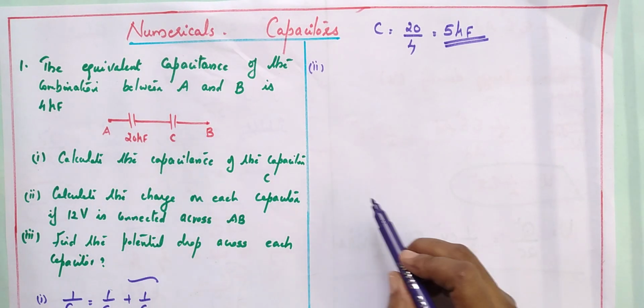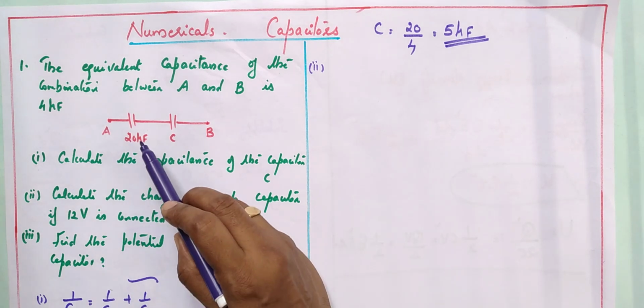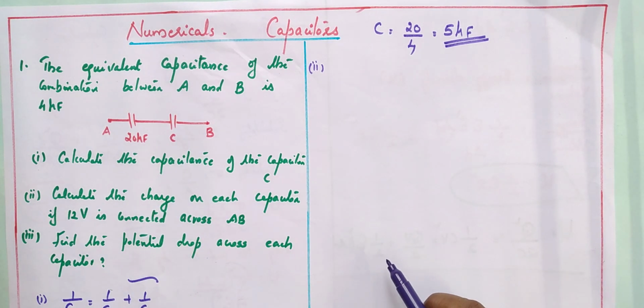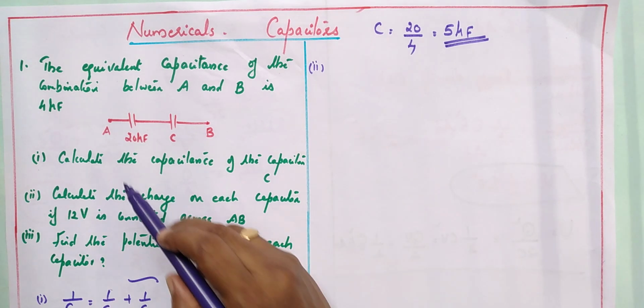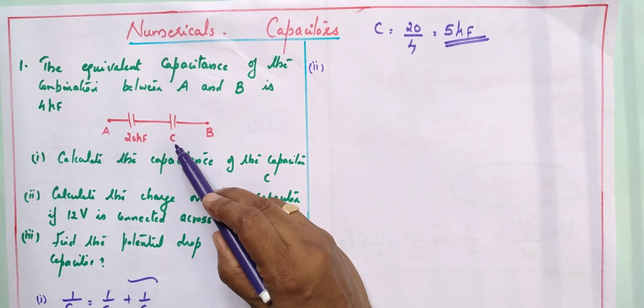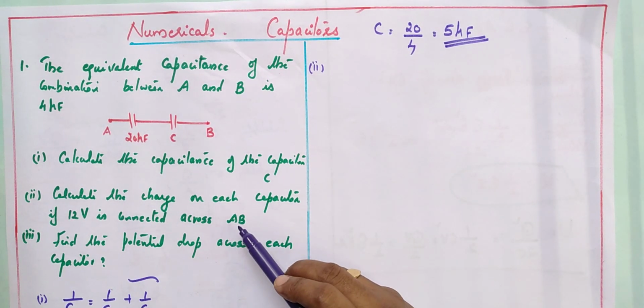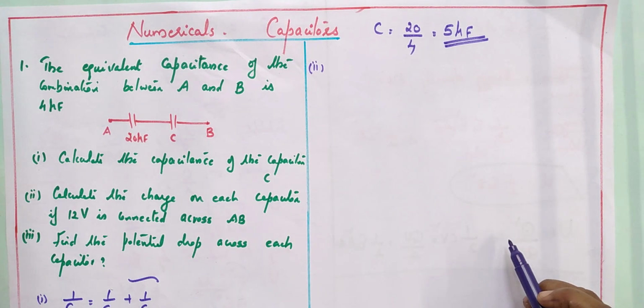Across AB, a battery of 12 volt is connected. Now we have to find out the charge on each capacitor. We know that the capacitors are connected in series. In series connection, the charge remains the same. The charge of the 20 microfarad capacitor and the charge of this C, whose value is 5 microfarad, are the same.